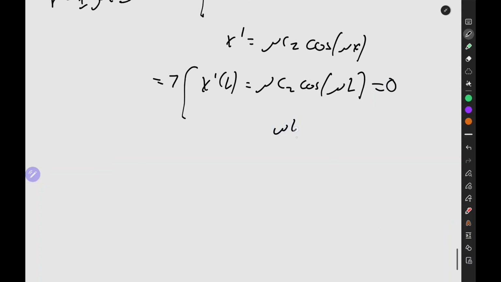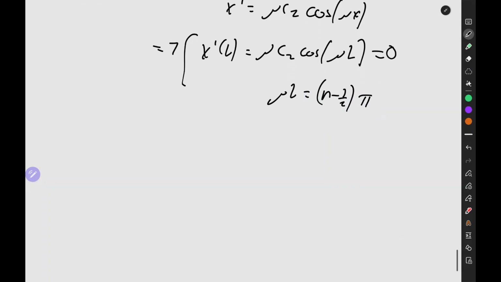What makes cosine equal to 0? Cosine of anything with n minus 1/2 pi, right? Remember that? Check out my even and odd video. That's always going to make a 0 value for cosine. Remember, any value like pi over 2 is 0.